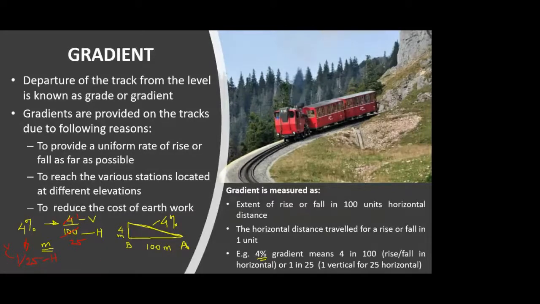So this 4 meter vertical and 100-meter horizontal, I can also draw as a 25-meter horizontal and a 1 meter vertical. Okay, so a 1 meter vertical, and whatever is this slanting line, that will be my again 4% gradient.